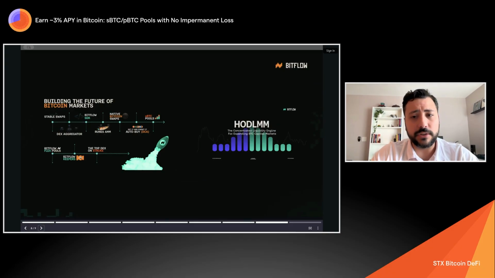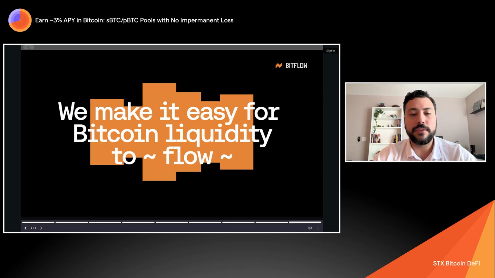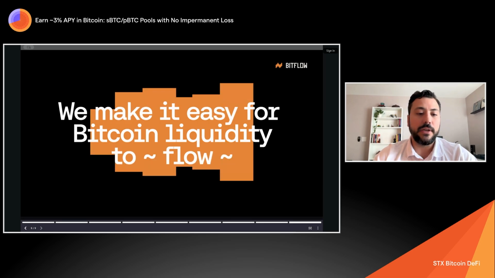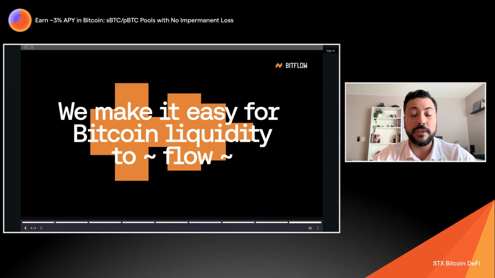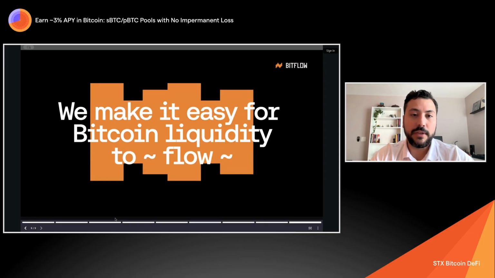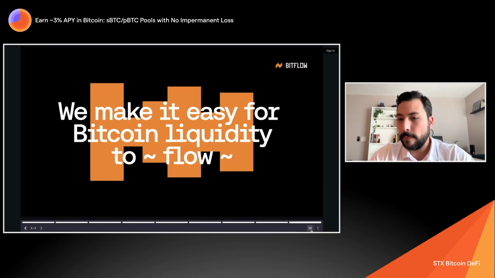We're also aiming to launch a concentrated liquidity pool, coming this fall, which will help us expand on this vision of preparing for Bitcoin markets, right? But the goal is simple. We make it easy for Bitcoin liquidity to flow. That allows users to leverage low slippage and low fees, and liquidity providers to earn on their assets by making it super easy to provide liquidity and earn those trading fees. And that's what I'm going to be covering today.